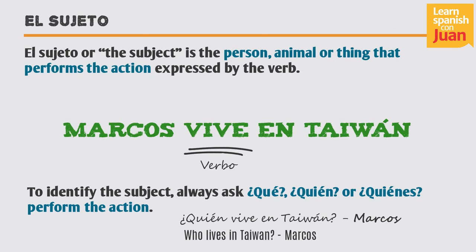To identify the subject, always ask ¿qué, quién, or quiénes perform the action in the sentence. Taking this into account, for the first sentence we would ask ¿quién vive en Taiwán? Marcos. By making this question, we can tell Marcos is the subject of the sentence.